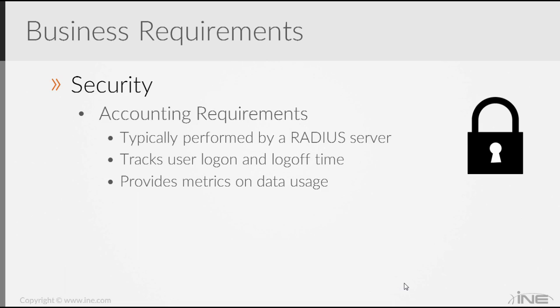The accounting portion of the function of the RADIUS server is the piece that tracks each user's log on and log off time, and the information is stored in its built-in accounting database. It could also provide metrics on data usage. This may or may not be a security requirement as part of the overall business requirement.